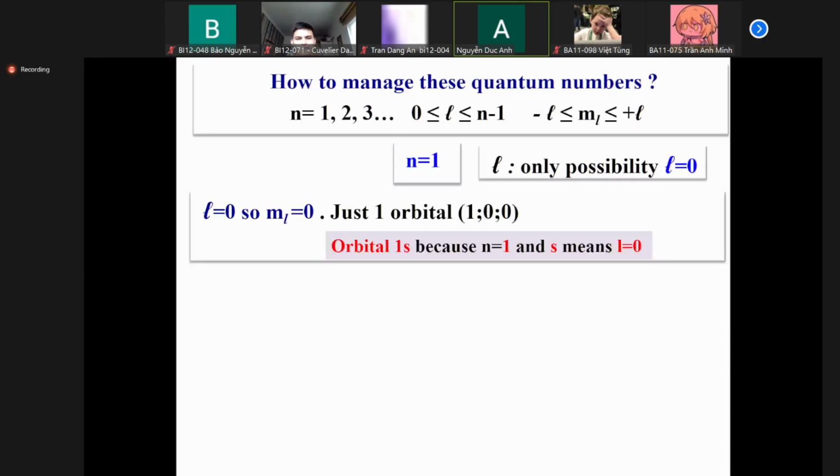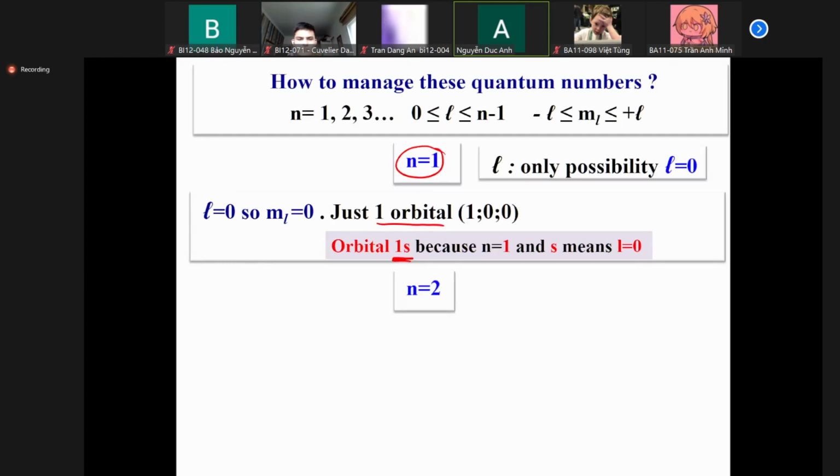Then ML is 0 too, because ML runs from -L to L. So with n equal to 1, you will have only one orbital, and this is named 1s.